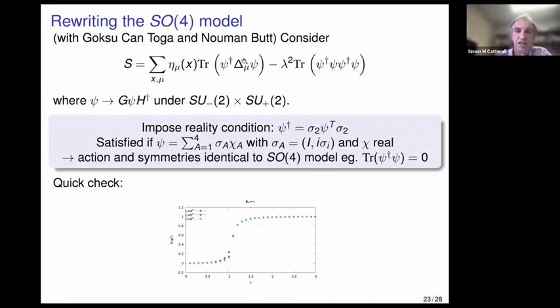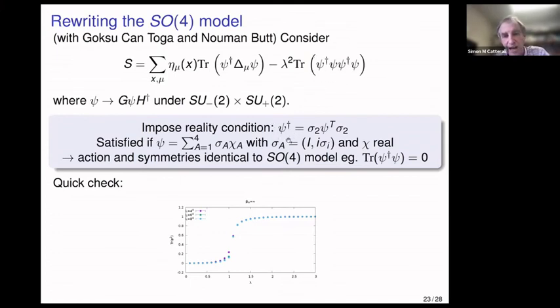So I can consider a model which is based on staggered fermions still on a hypercubic lattice, and I let those staggered fermions transform under 2 SU2s, a left and a right SU2. That's going to be my SO4 I had before. And I'll put a 4 fermion interaction into play just like before as well.